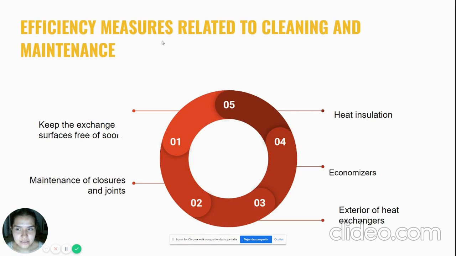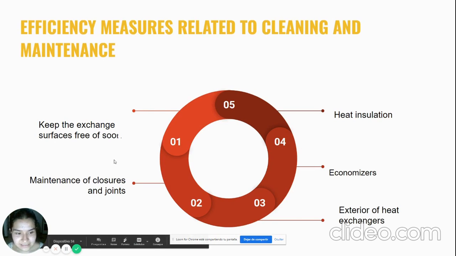Okay, the efficient measures related to cleaning and maintenance. Keep the exchange surfaces free of soot and incrustations by blowing steam, compressed air or washing with hot water. This is to avoid thermal shocks.